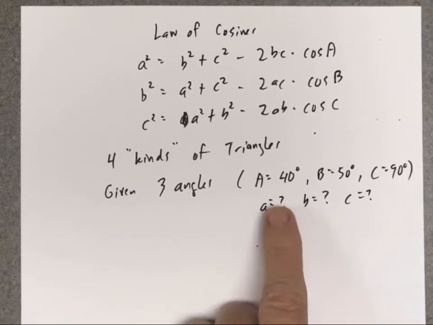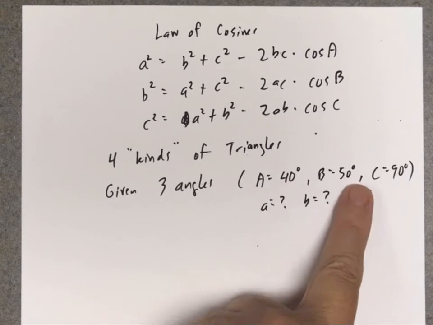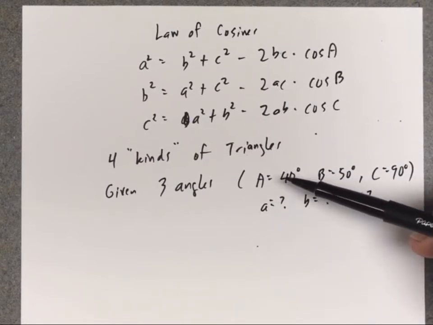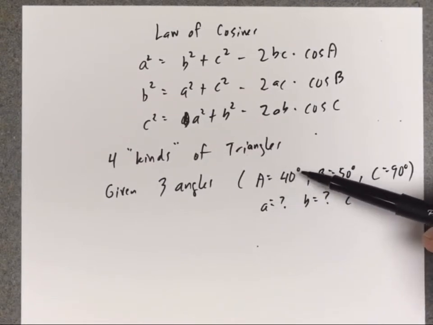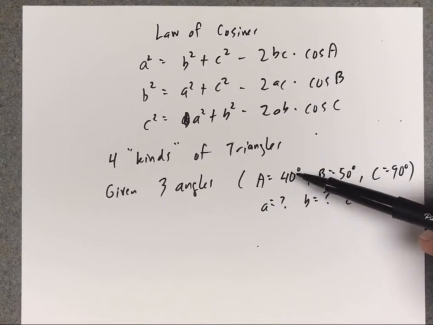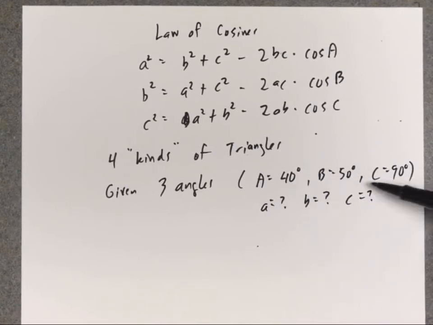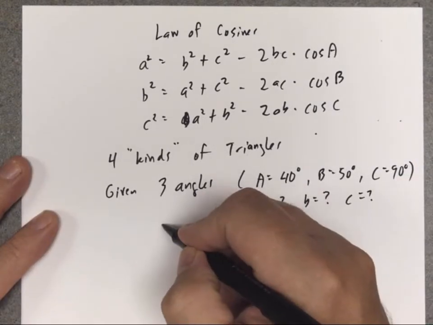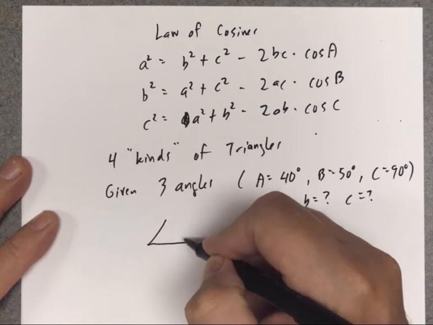Well, as it turns out, if you're given three angles, we're not able to come up with an answer because there are many triangles that can have these angles, and they all have different lengths of sides. Let me show you.